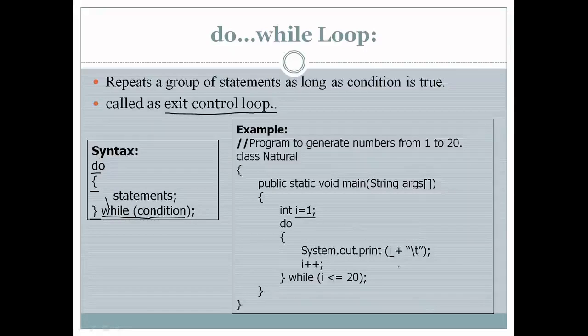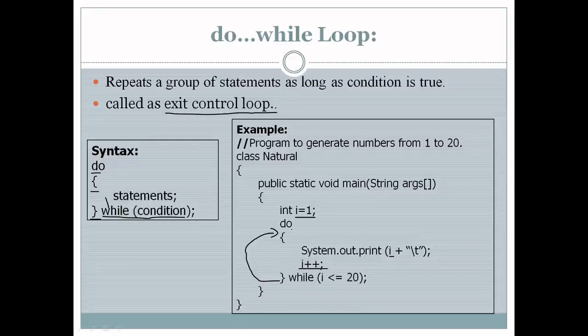The initial value is 1, so it will print 1 here, and then we are incrementing the value, that is i++, so i will become 2 here, and then we are checking while 2 is less than or equals to 20. The condition is true because 2 is less than 20. When the condition is true, again it continues with the do statement.